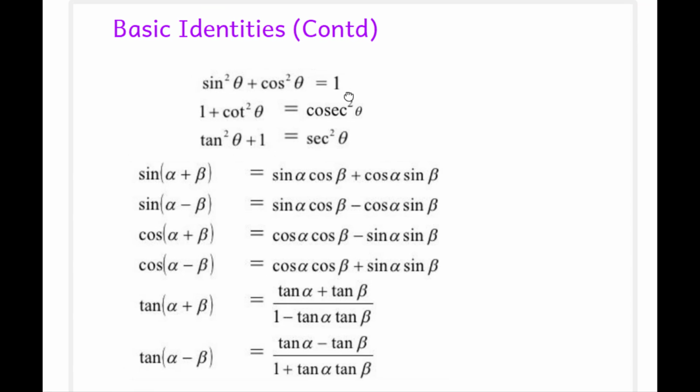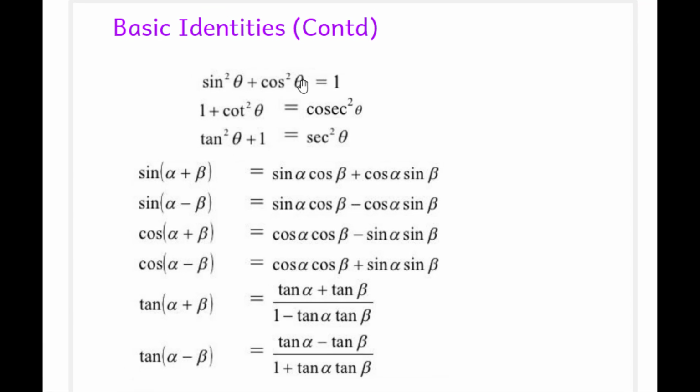Then there are some basic formulas where these trigonometric identities are related. The first one is sine square theta plus cos square theta is 1. Whatever the value of theta, sine square theta plus cos square theta is always equal to 1. Then 1 plus cot square theta is cosec square theta, and tan square theta plus 1 is sec square theta.